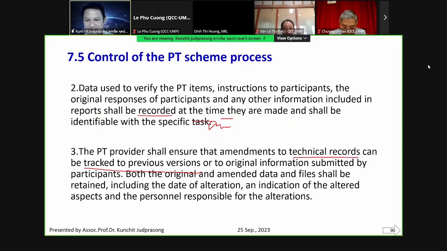When you have the technical record, it means you deal with the data and many documents, so you need to have a system that ensures the amendment can be tracked. You can take back, okay, this is 25 September, who amended, when amended, and what the new amendment is. It is also in the electronic file. So they said original amendment data file shall be retained. It means you have to retain both before and after your amendment.